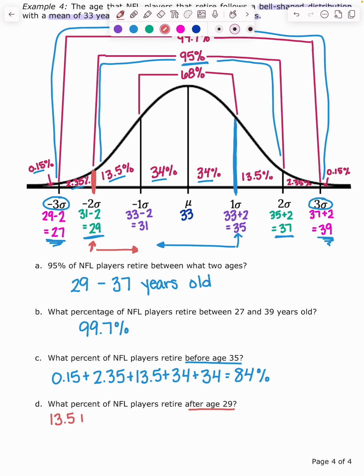So 13.5 plus 34 plus 34 plus 13.5 plus 2.35 plus 0.15. Add all of those together, and I get 97.5%.